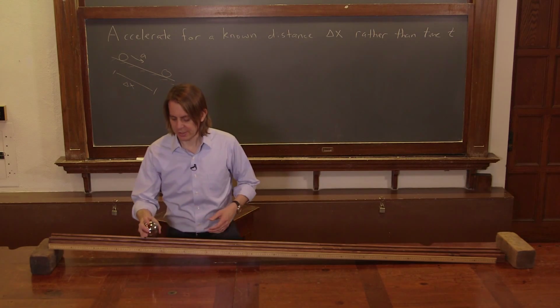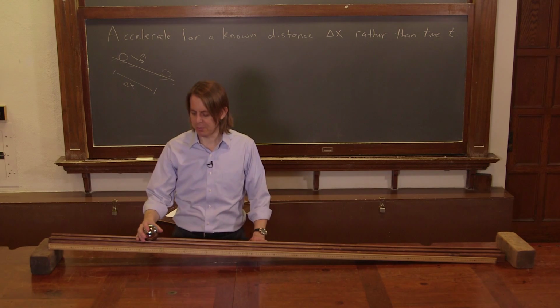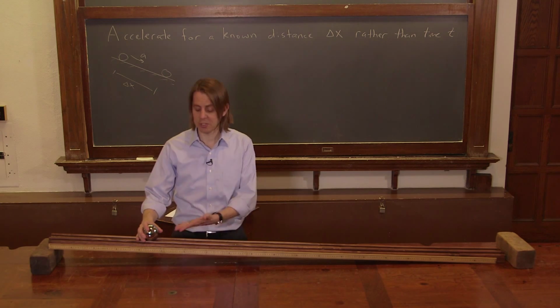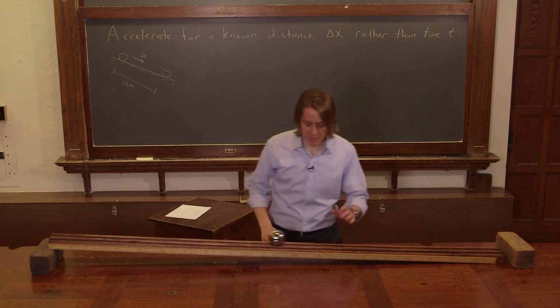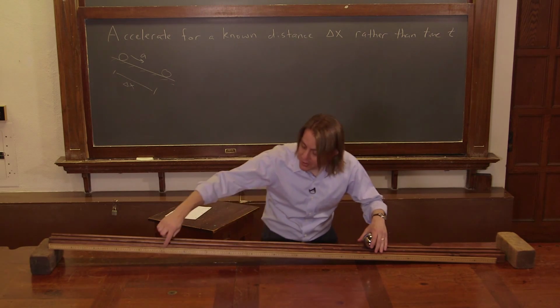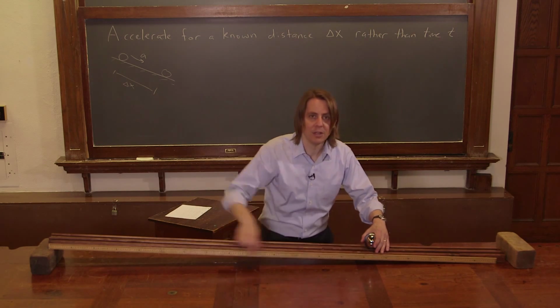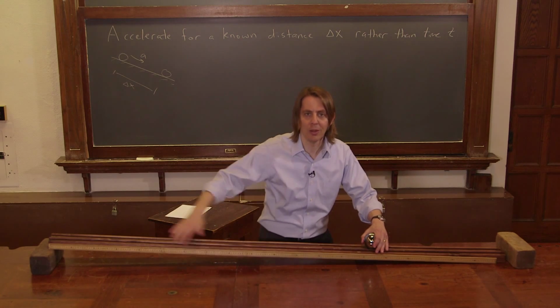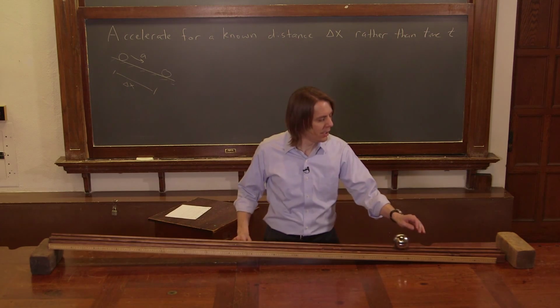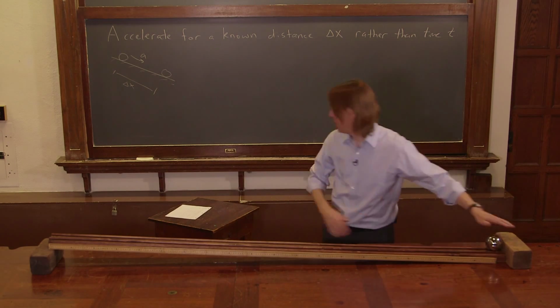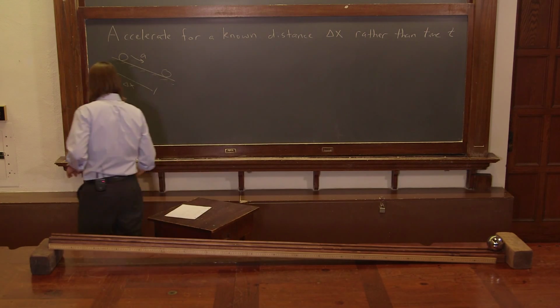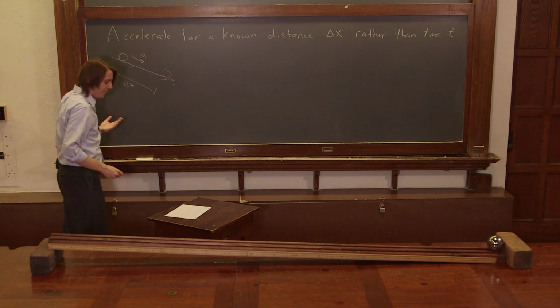We started out at some initial position, and we give it a push. It might have an initial velocity, but now we say stop here, and we look at the distance. How far it went is the known, rather than how long it took to get there. That's the kind of case that we are thinking about. So let's see how we would figure it out.